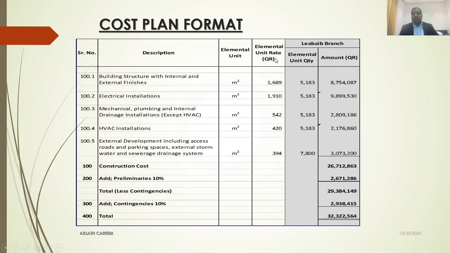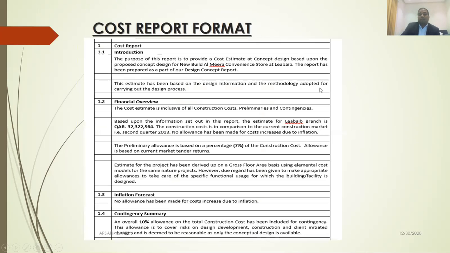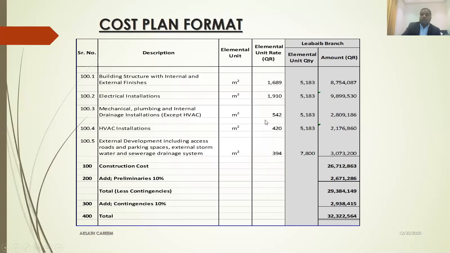This is my target cost for each item. Let's say I prepare this cost plan for the concept stage. This amount, 8.7 million, is the cost plan for this element. So the designer, the architect, his aim should be to design the project within this budget.